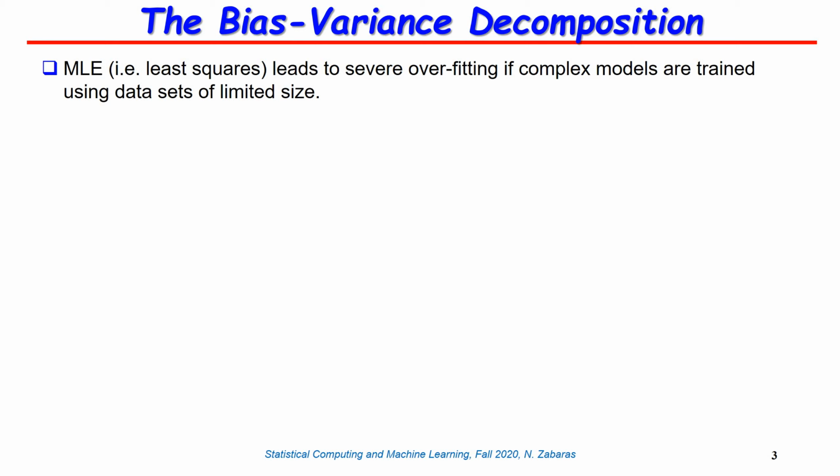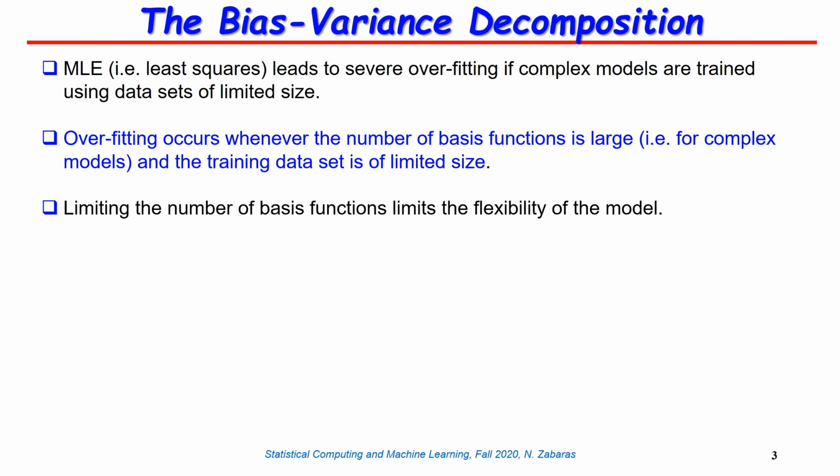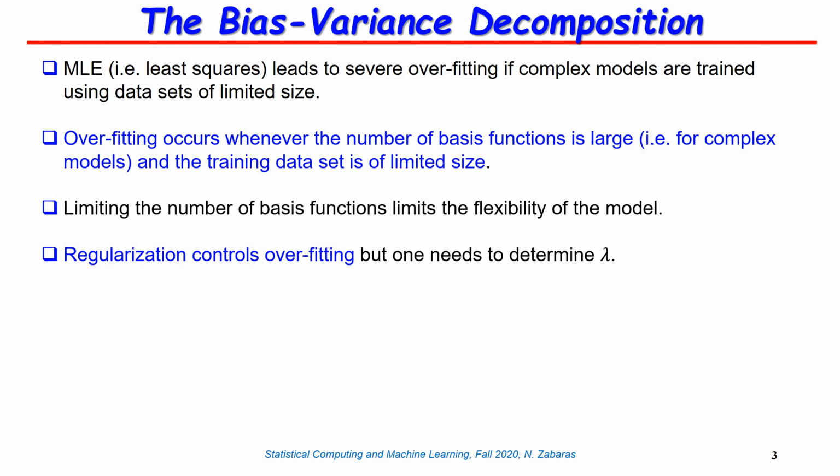Effectively the only way to address this problem is to control the complexity of the model. So we could not use a complex model in the case of limited data, and that was not very desirable. So we introduced regularization as the means to control the effective complexity that the model can afford for the given data set.